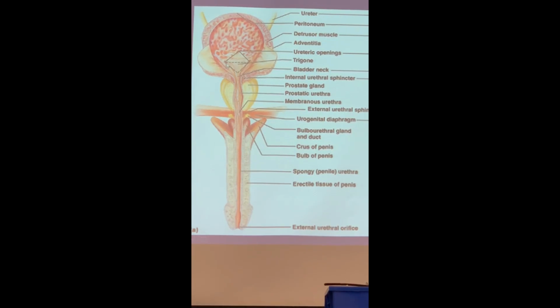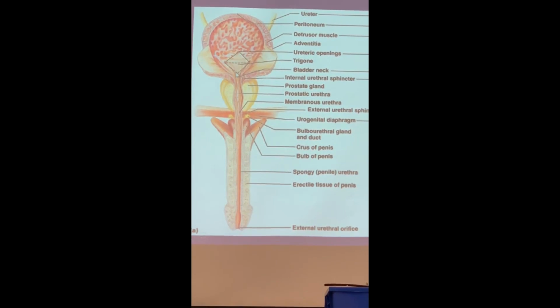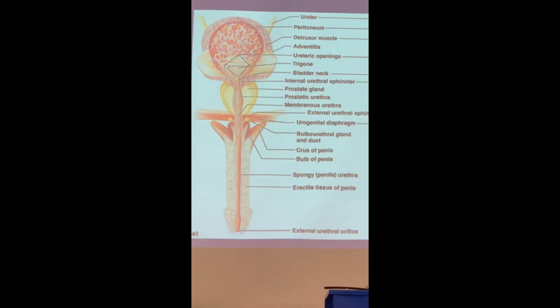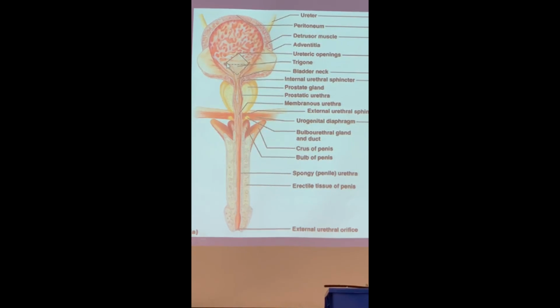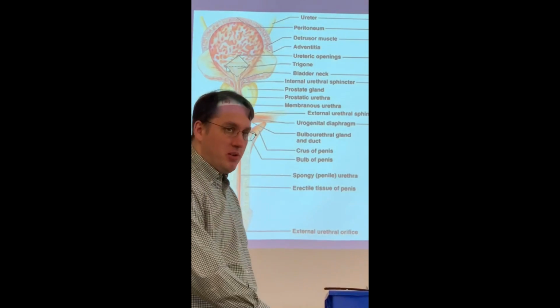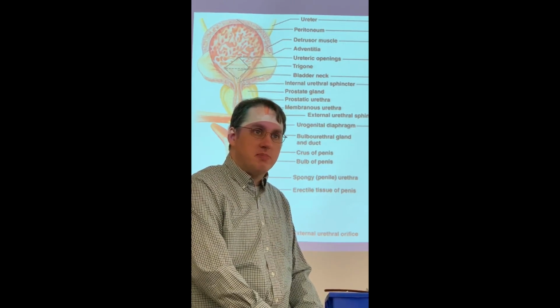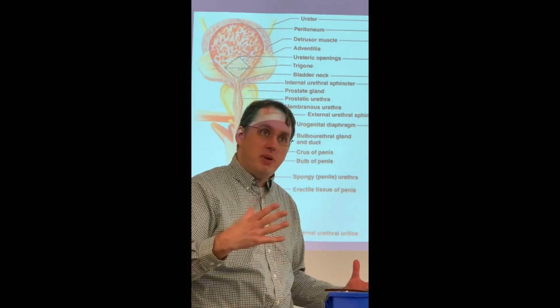And if we look, the openings of the ureters are here on the floor of the bladder, as is the opening of the urethra. And this is a smooth part. This part doesn't expand. It's like if you took a balloon that wasn't blown up and laid it down flat on the table with the tube off the side of the table and you glued it down. Well, the part that's in contact with the table that's glued down is not going to expand, but the part above it will.